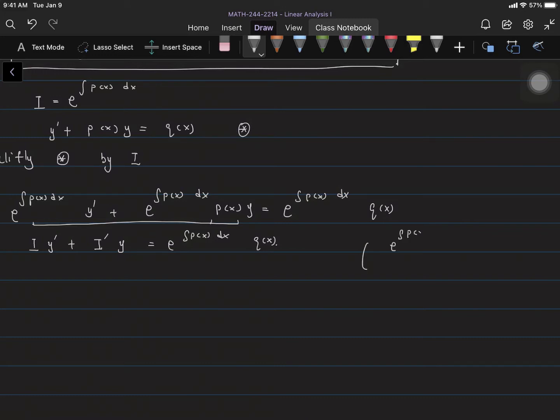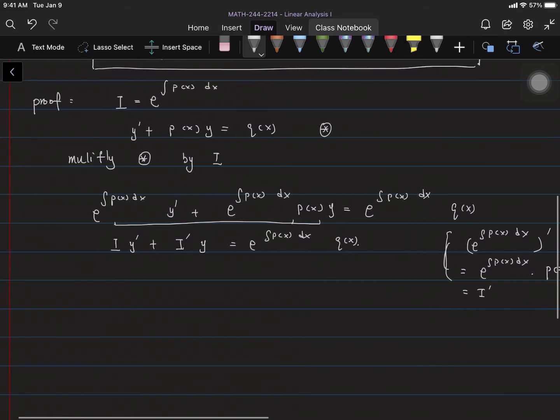The derivative of the exponential function is itself, and by the chain rule, times the derivative of the exponent, which is p(x). So I prime is e to the integral of p(x) dx times p(x).